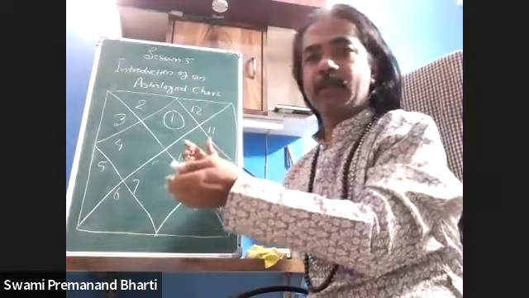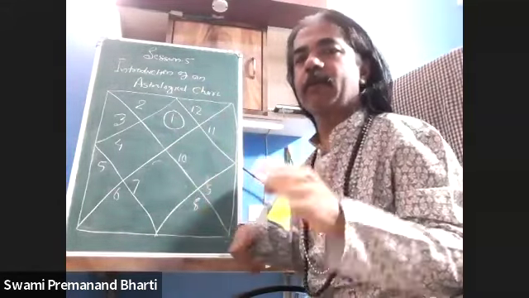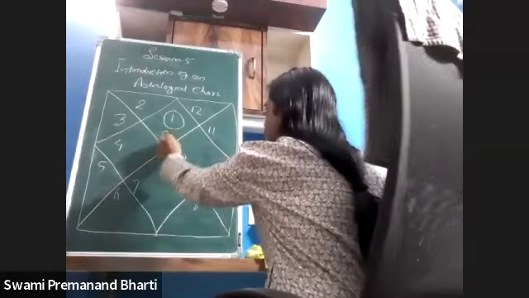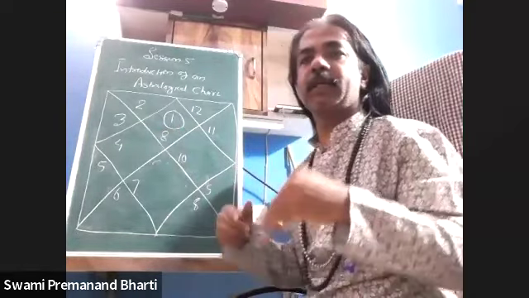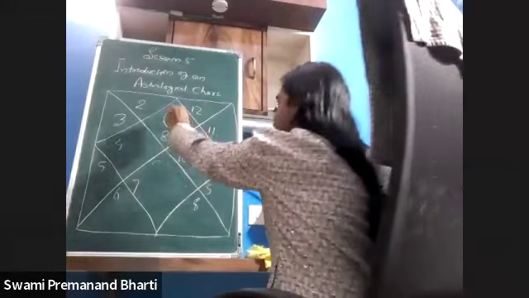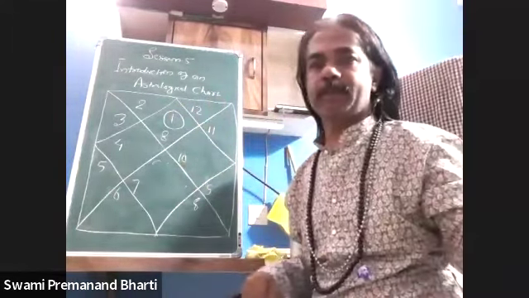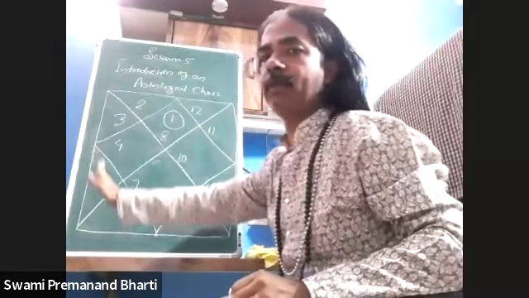There can be some other number written, but it will always remain the first house. Like I'm a Scorpio ascendant, so for me the number 8 can be written in my first house, because Scorpio is the 8th sign, but it will always remain the first house, no matter which number is written. Counting will begin from here.